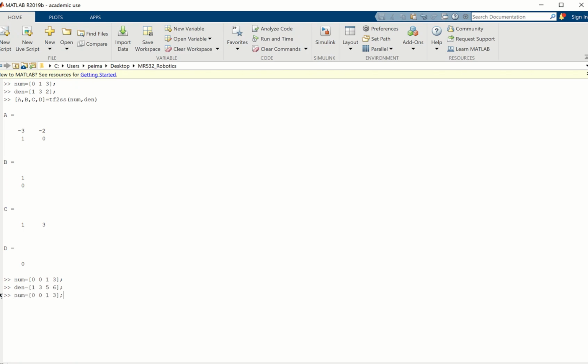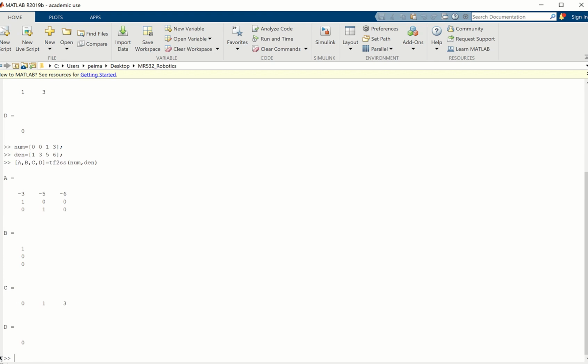If I do that, this is a third order system, right? Here we go. We're going to have a 3 by 3 A matrix, a 3 by 1 B matrix, C matrix, and the D. So MATLAB does it quickly for us. This is another thing that I wanted you to know about.